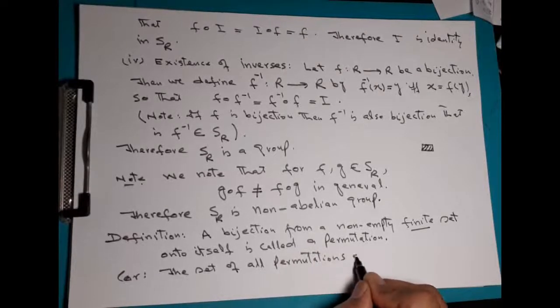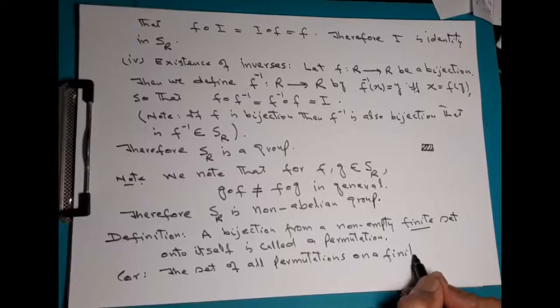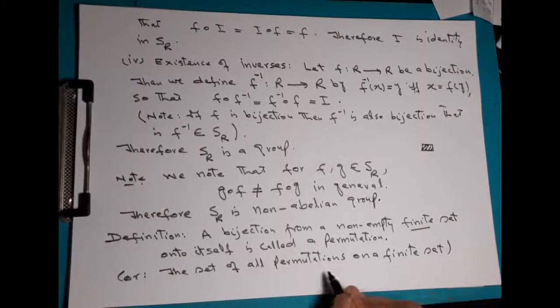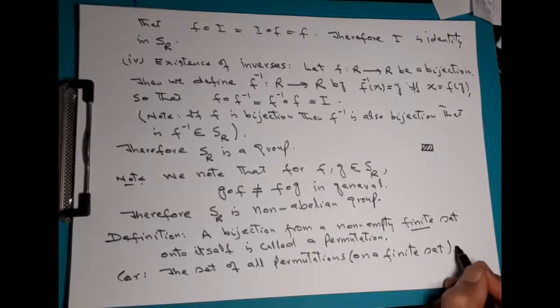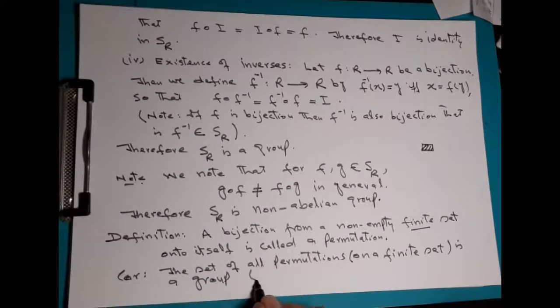Permutation is in effect a bijection on a finite set. It is just to be careful. The set of all permutations on a finite set is a group. In fact, a non-abelian group.